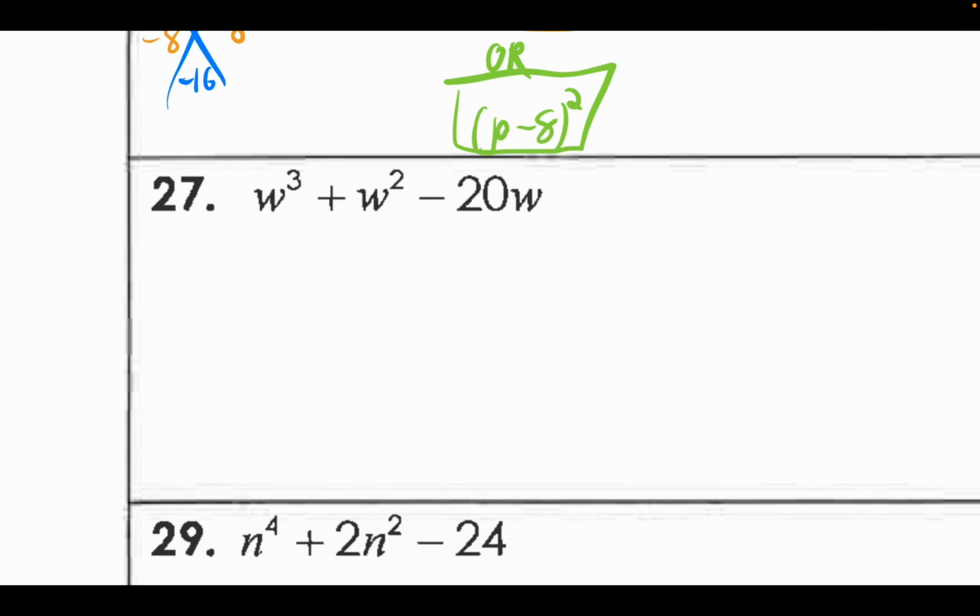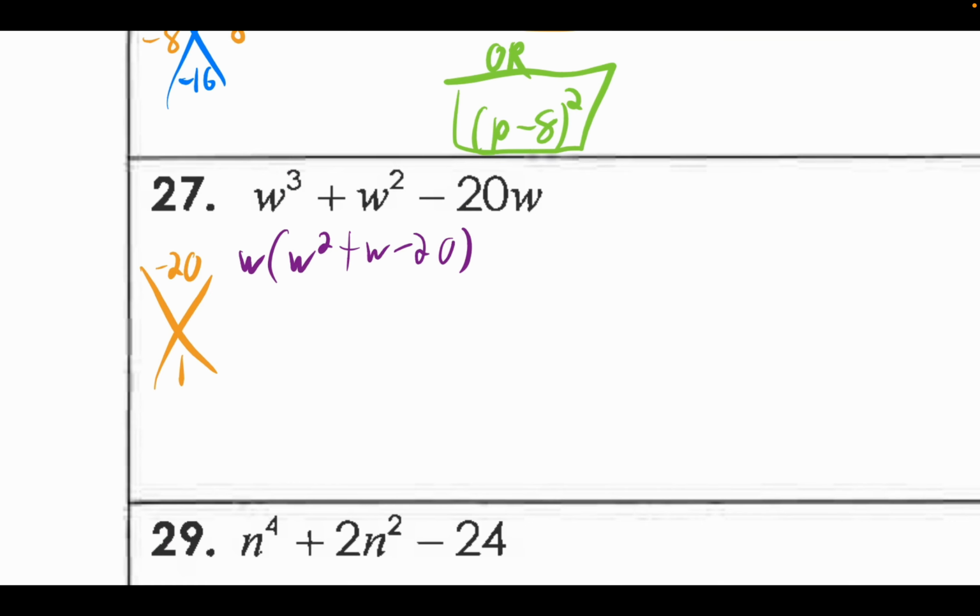On to number 27. So we have a GCF here actually. We might notice that this is w cubed. And when we factor that out, we get w squared plus w minus 20. And now we make the x with these new terms, where this is our a, our b, and our c. C is all of that, to be clear. And so 1 times negative 20 is negative 20, and the b is 1.